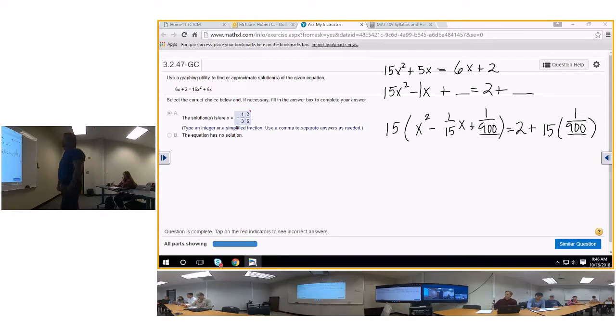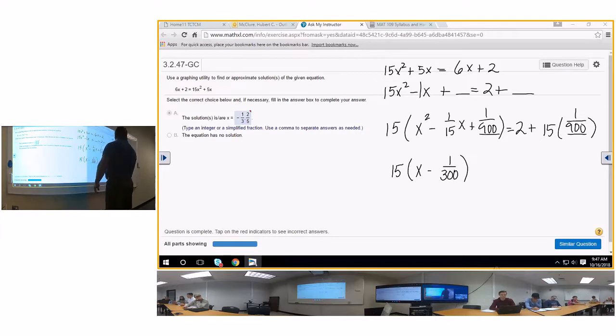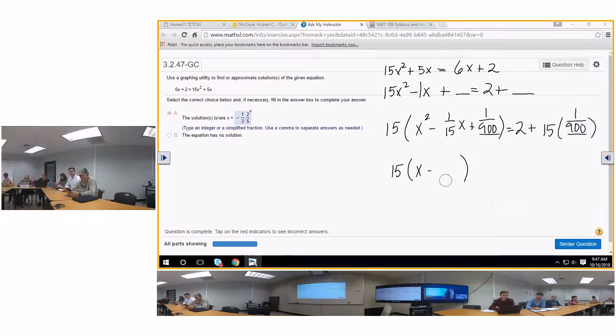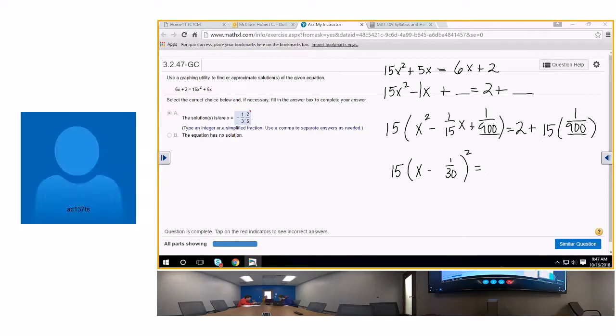Okay. So, 15 times x minus 1 over 30 quantity squared is equal to, divide 900 by 15.